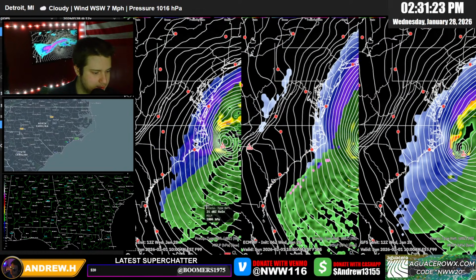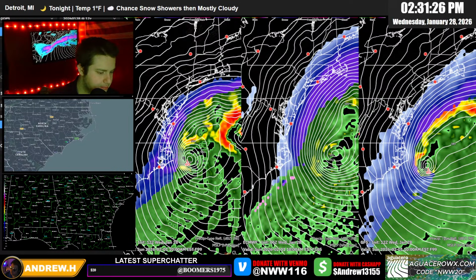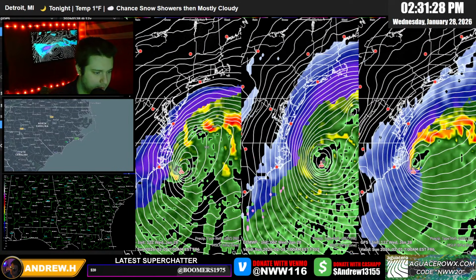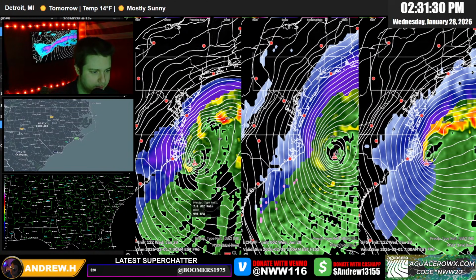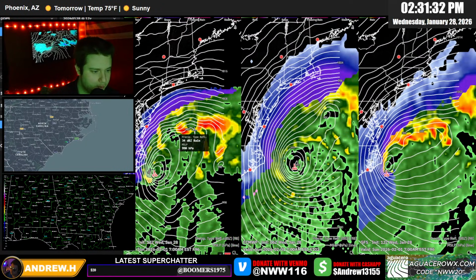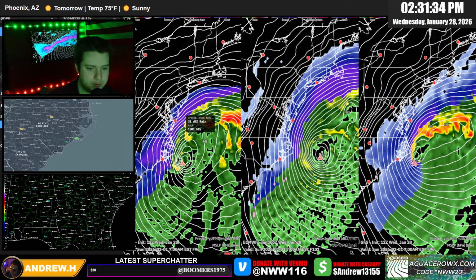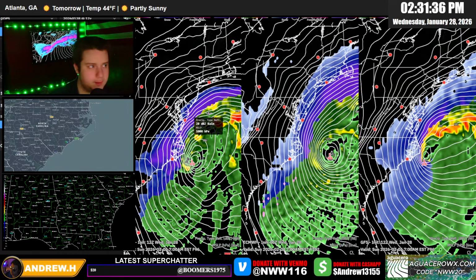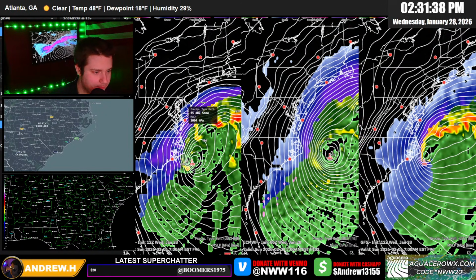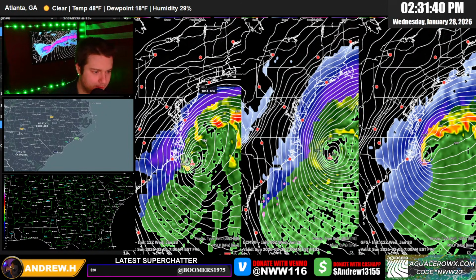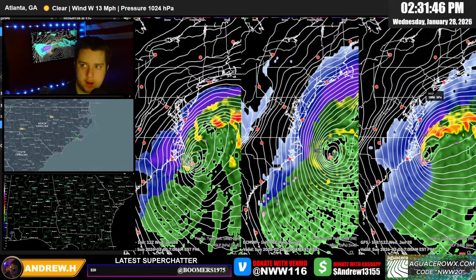Then we go into the later morning of Sunday, and you can start to see maybe some of the Northeast starting to get it. That's where the models tend to differ a little bit right now. The Canadian model doesn't have much snow happening for the Northeast at this time. The Euro does show a bit of snow, and the American GFS has it mostly off the coast as well.